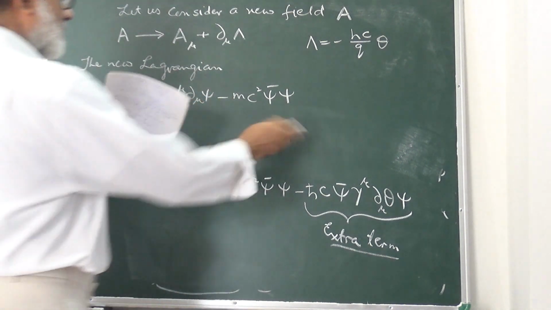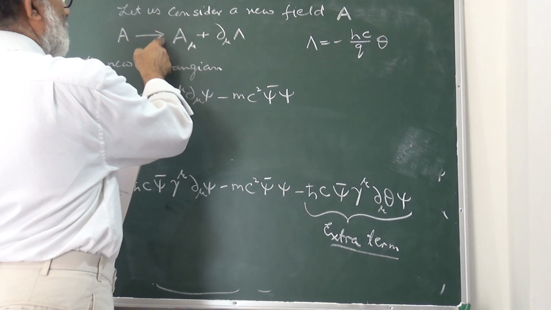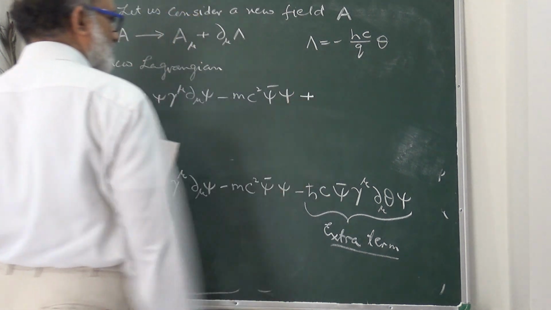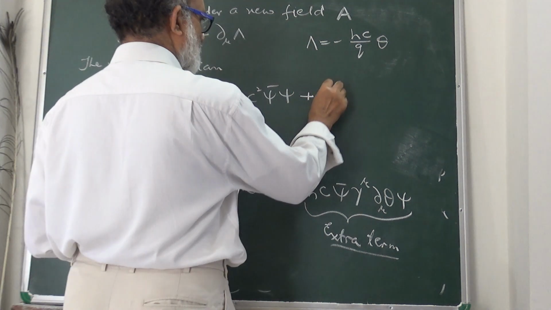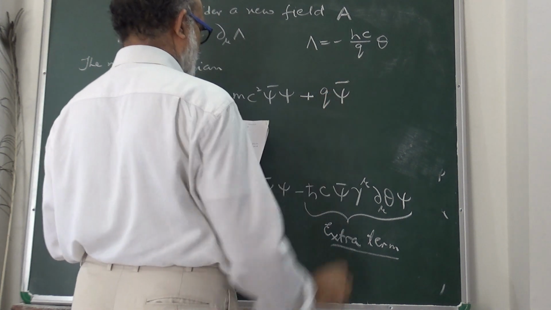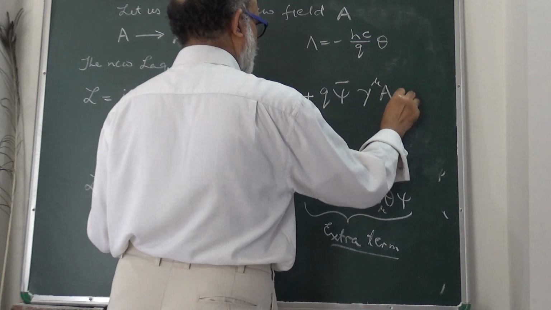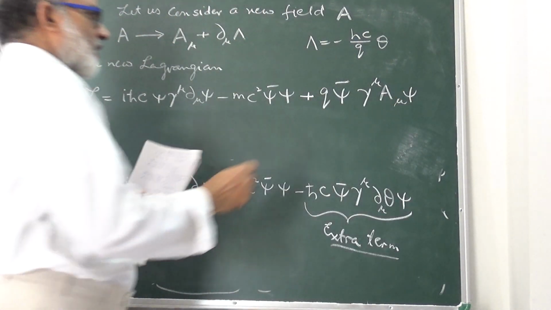We add something which takes the values of this field also, and the added quantity is Q. This is the added field.